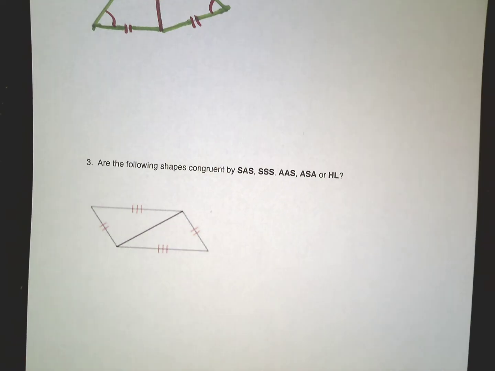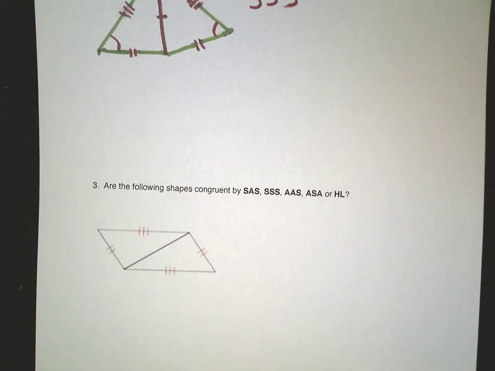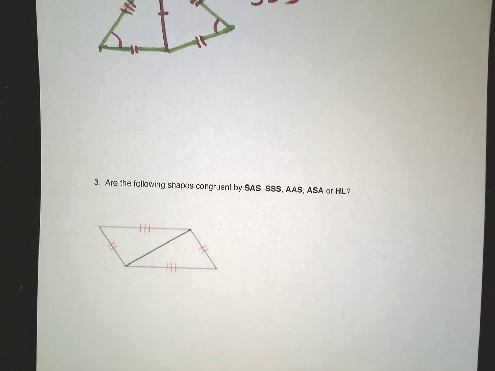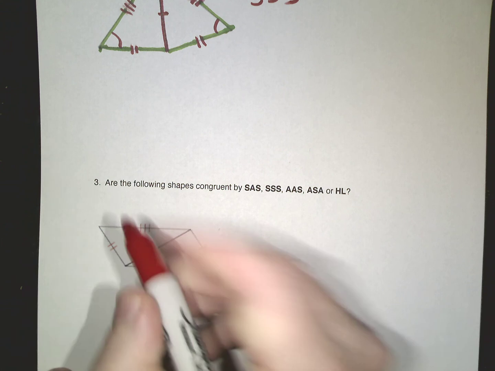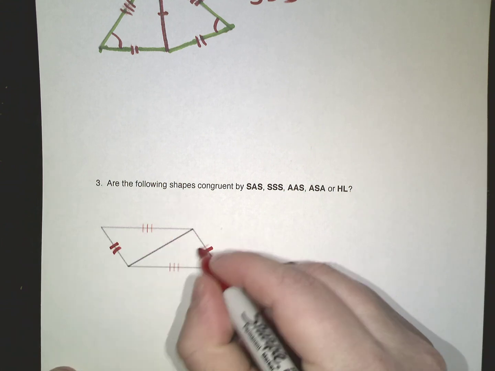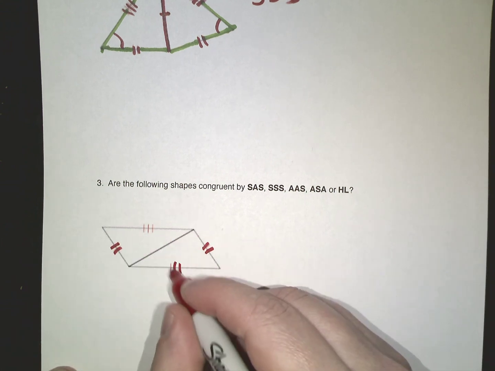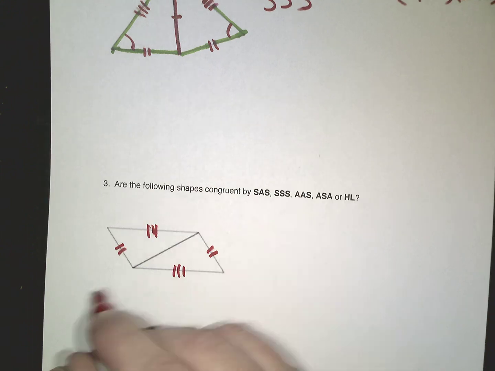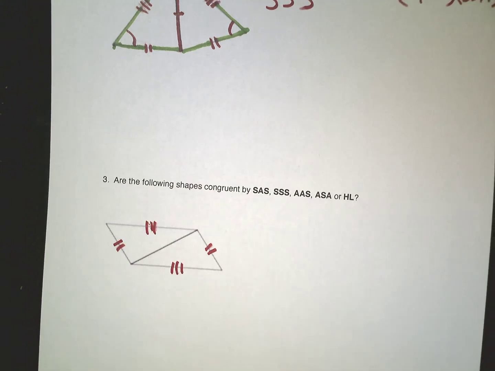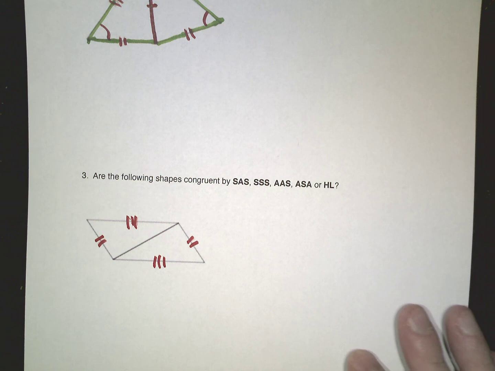Okay, let's do the next one. This other one is very similar, so I'm not going to waste too much time on it. These 2 are sides in common. These 2 sides are sides in common. So you have two triangles with 2 sides in common.